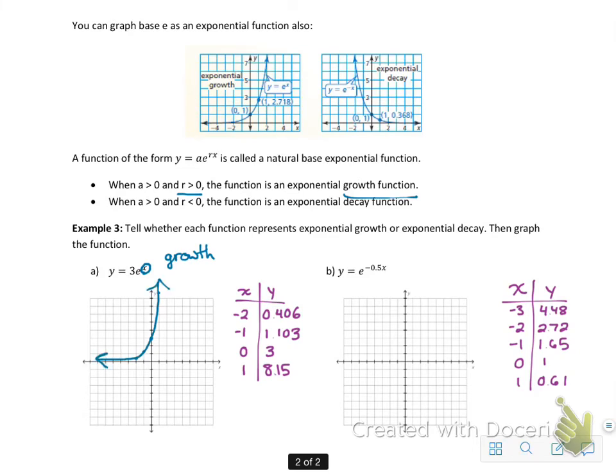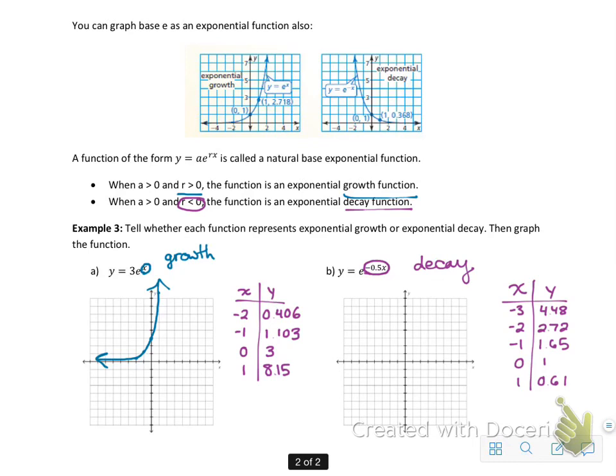It gets bigger. Now, if you look at this exponent right here, that is a negative 0.5x. And all it tells us is that if your exponent is less than 0, in other words negative, then we have exponential decay. So here we have decay because our exponent is less than 0.